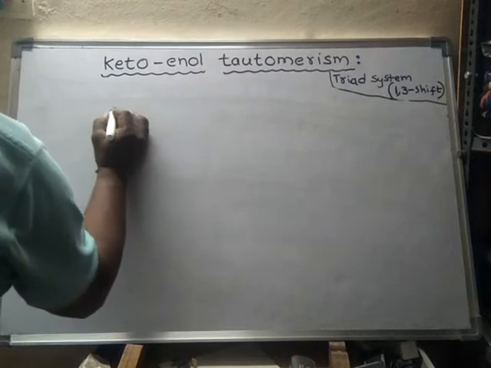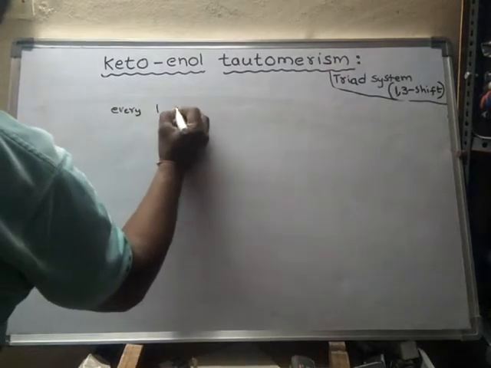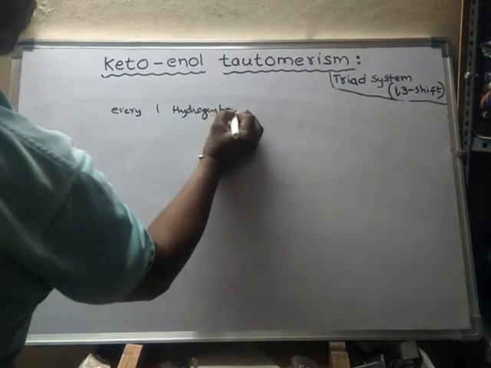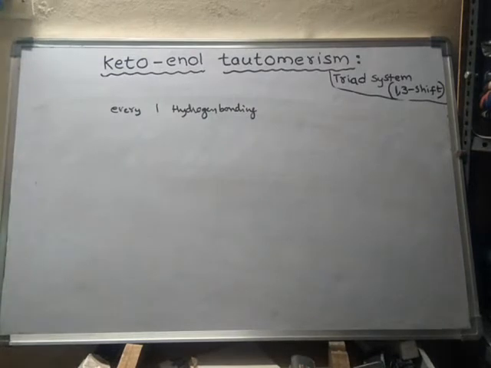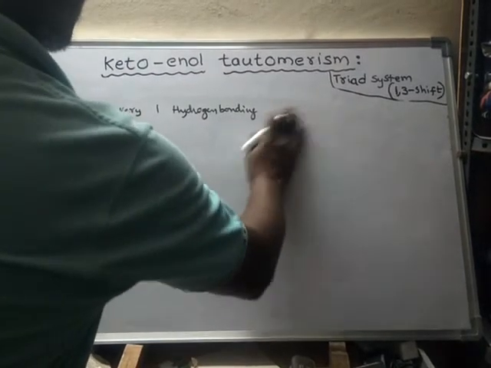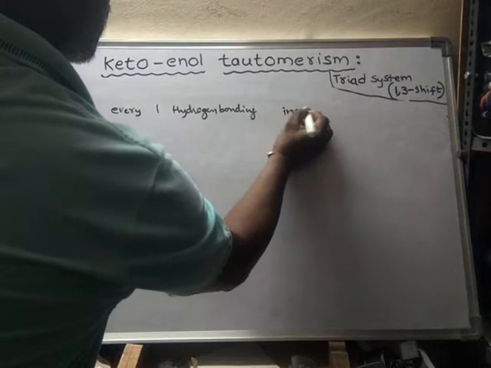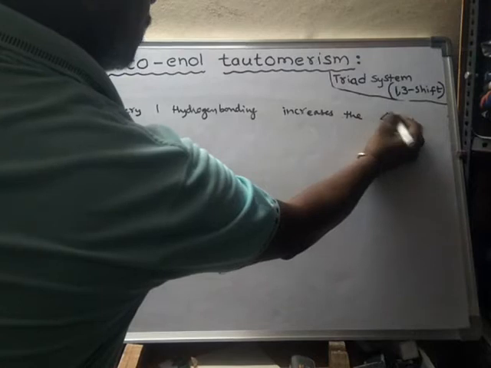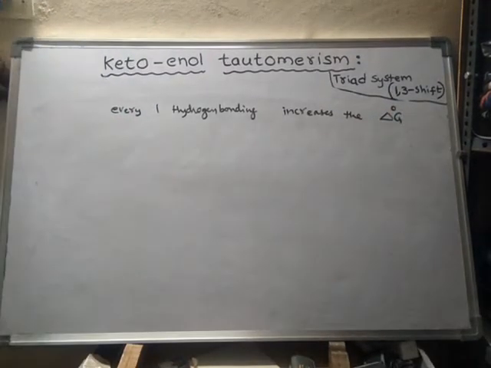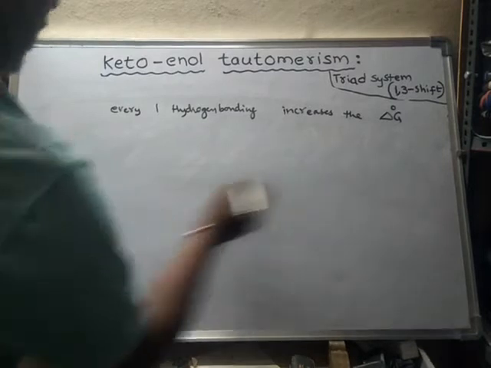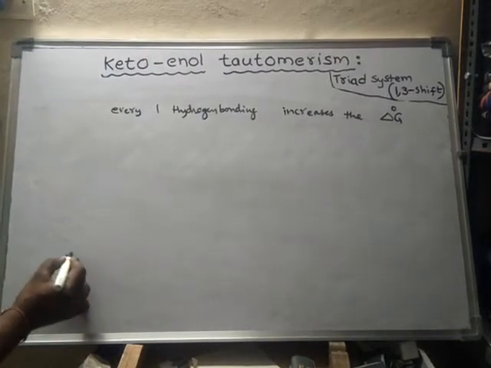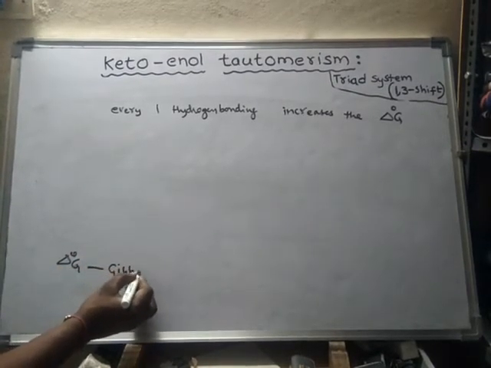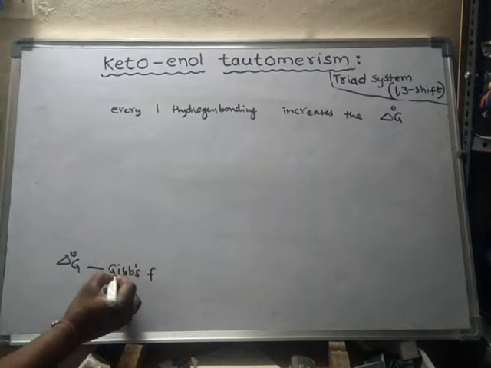So every hydrogen bonding mainly increases the Gibbs free energy. Delta G naught means Gibbs free energy.